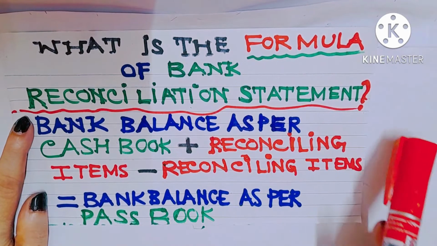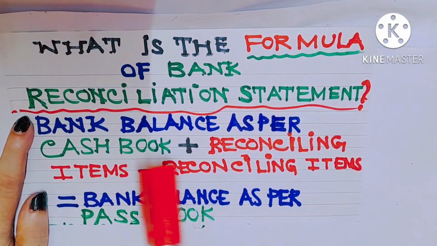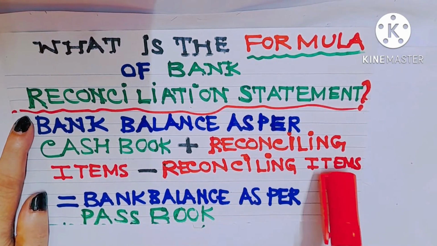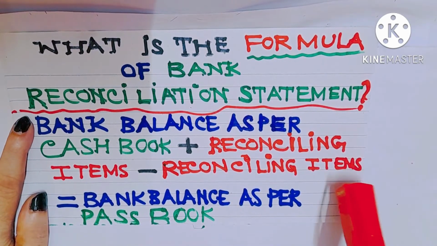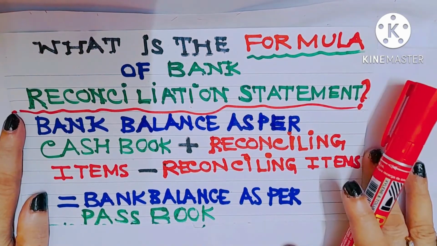Okay? Similarly, bank balance as per passbook plus reconciling items, that is the transactions which we are going to add, minus reconciling items, that is the transactions which we are going to deduct, is equal to bank balance as per cash book. Understood? This is very important.